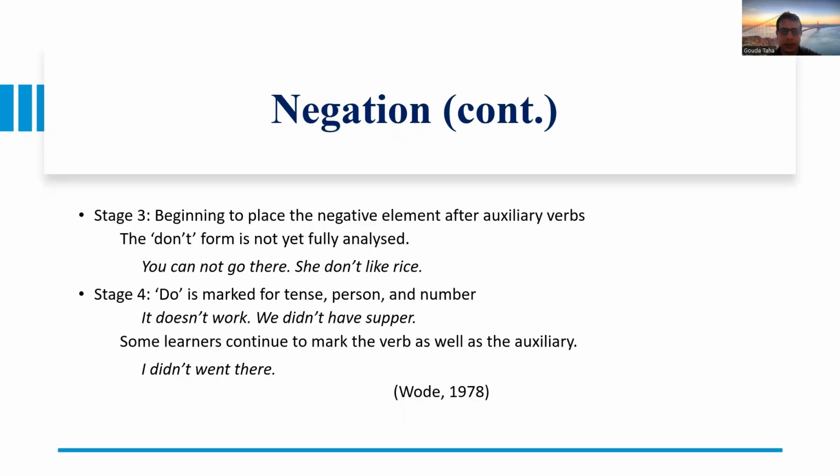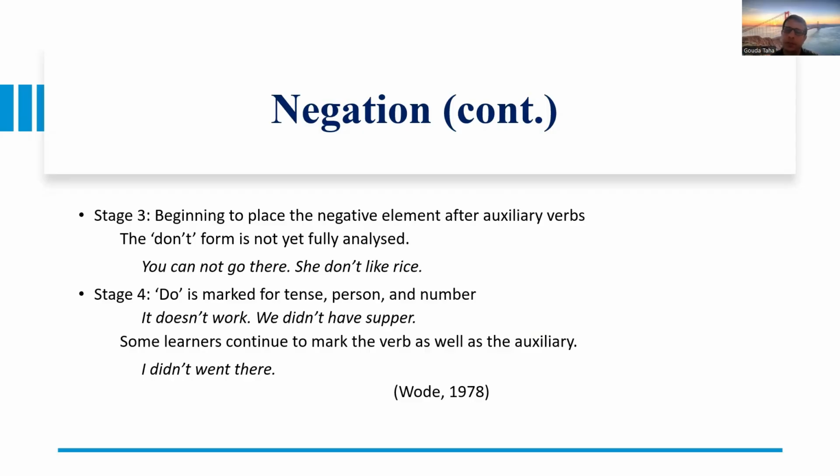The next stage is where we can see the negative element placed after auxiliary verbs. The don't form is not yet fully analyzed, but you can see sentences like you can't go there, or they don't like rice, or she don't like rice.